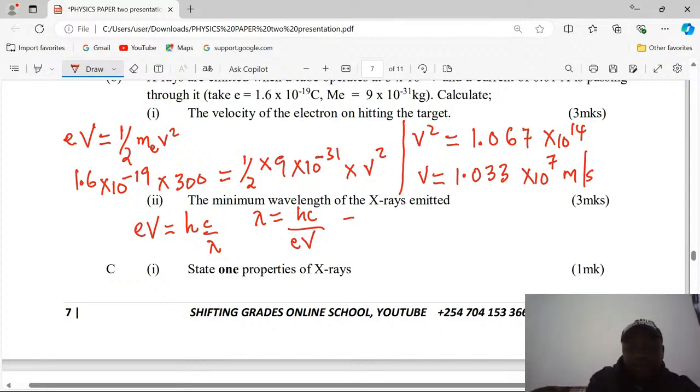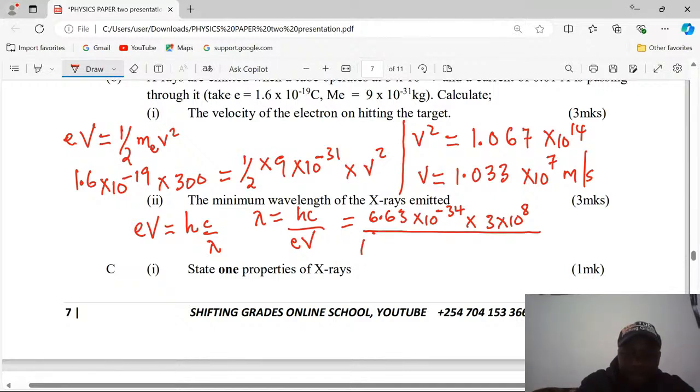This means we can take Planck's constant, the theoretical value is 6.63 times 10 power negative 34, multiplied by c, 3 times 10 power 8, that is the speed of light in vacuum, divided by EV, which is 1.6 times 10 power negative 19 multiplied by 300.